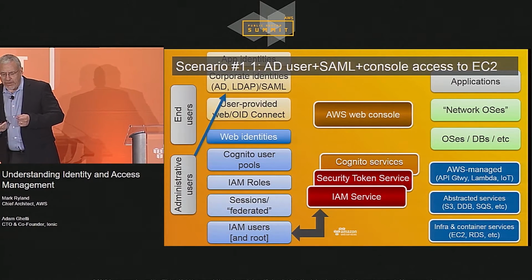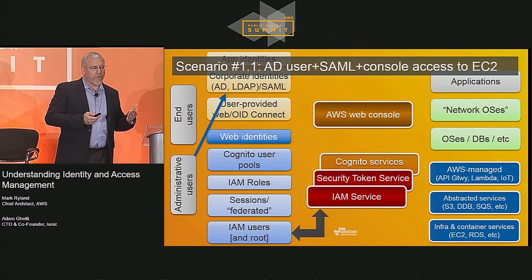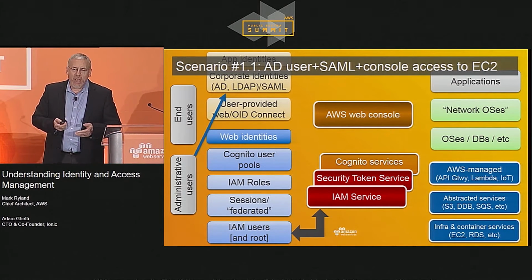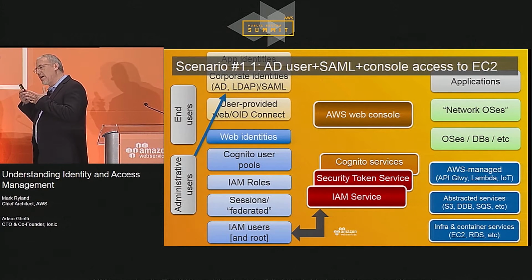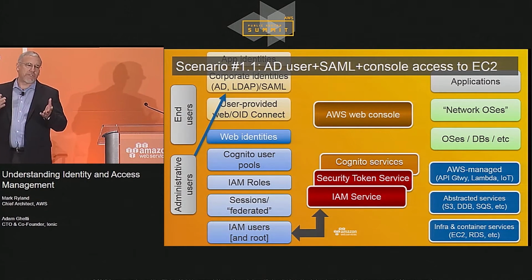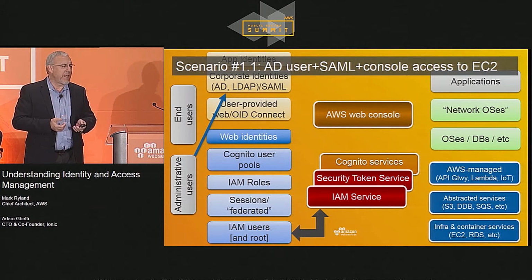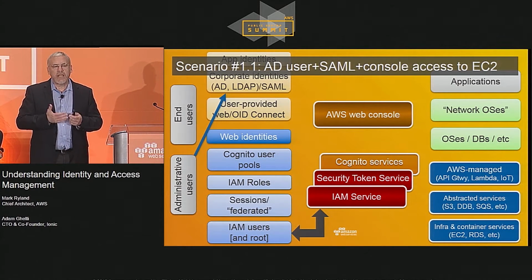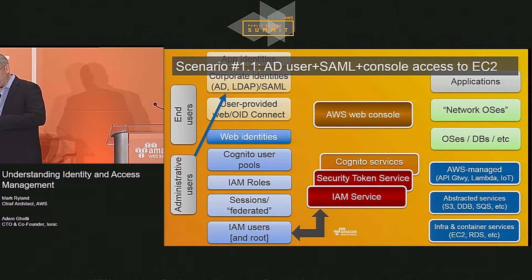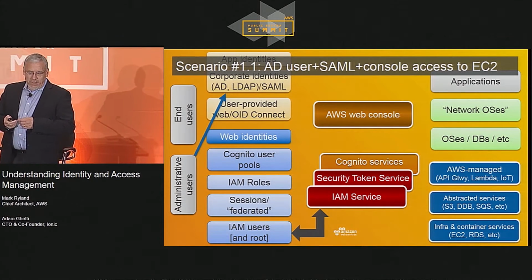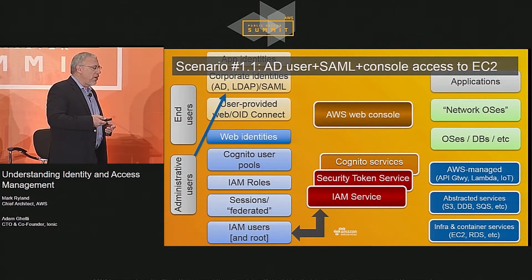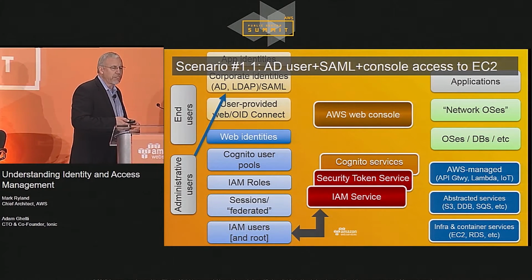Let's give you another scenario. This is a similar operation. I'm going to launch an EC2 instance, but now I'm going to use my Active Directory, on-premise Active Directory or one in the cloud, and I'm going to ask, say, Active Directory ADFS for a SAML token and use that to authenticate to the console instead of username and password. So in this case, we support what's called IDP-initiated authentication.